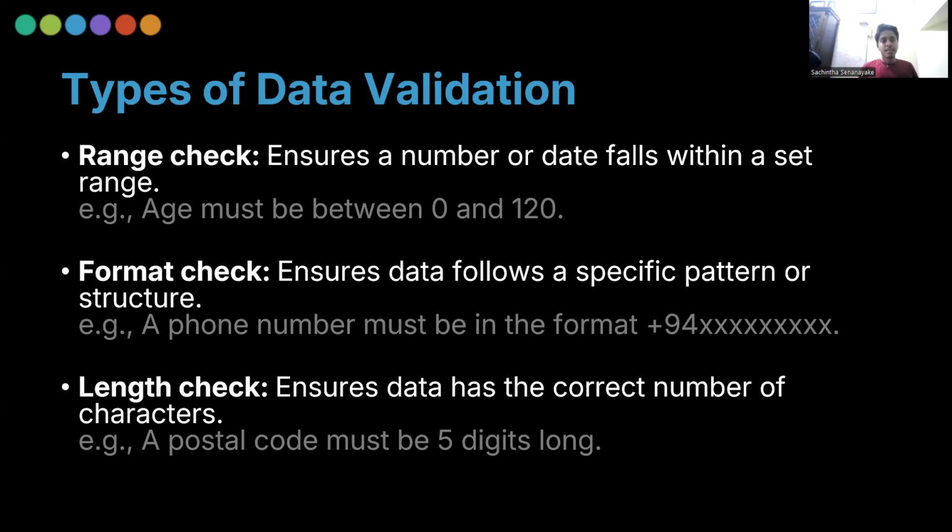The first type of data validation is a range check, which ensures that a number or date falls within a set range. For example, the age must be between 0 and 120. That's a range check to check whether a number falls within a set range. Format check ensures that the data follows a specific pattern or structure.